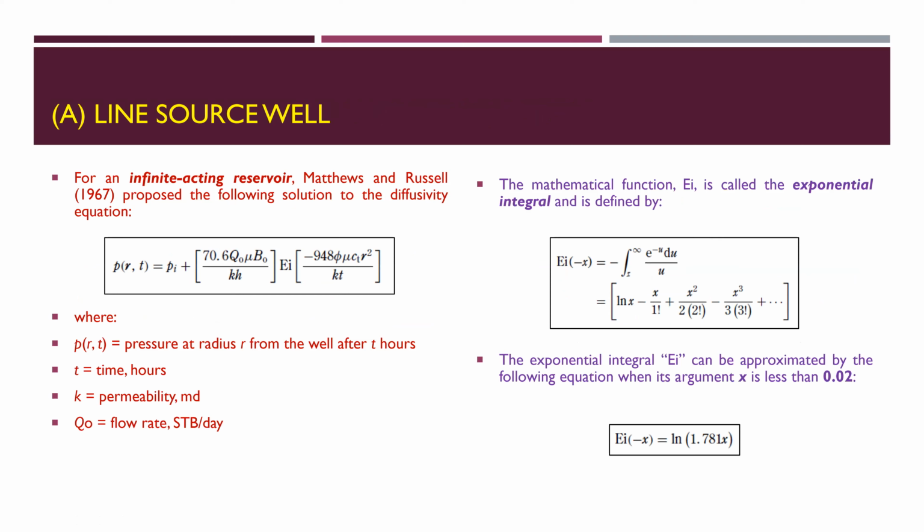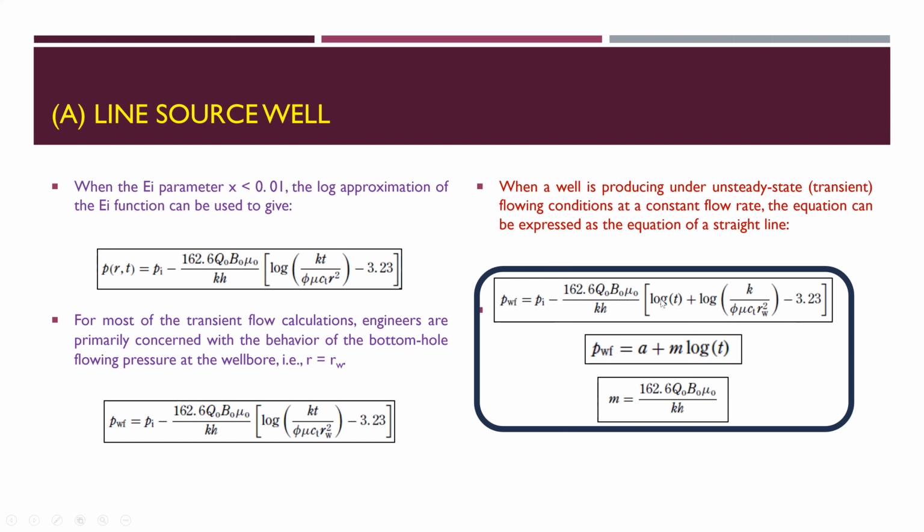This is the first solution, and we have here this expression which represents what we call the exponential integral. The solution for this takes several steps, but the final form will be like this. This is the final form for the line source well, where this is the bottom hole flowing pressure that can be plotted as a straight line on the semi-log plot versus log t, as you see.